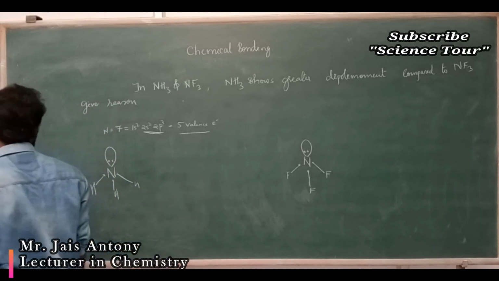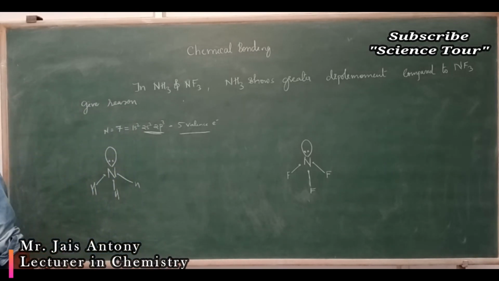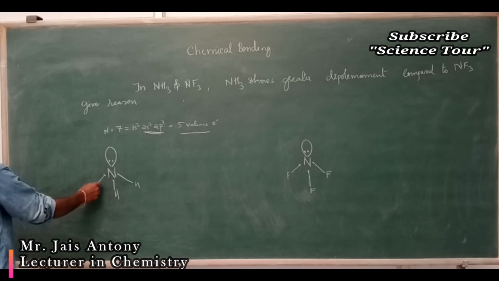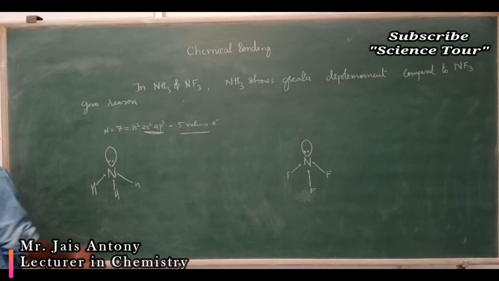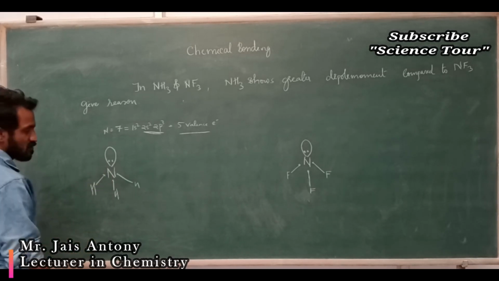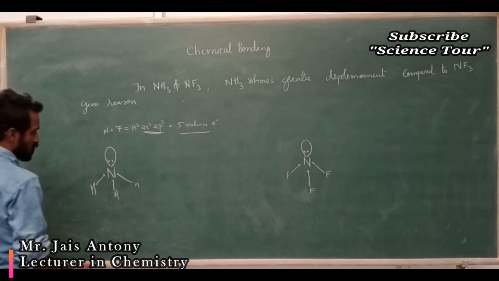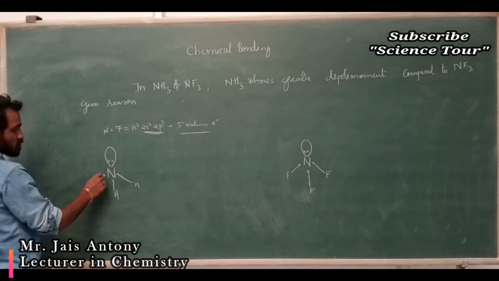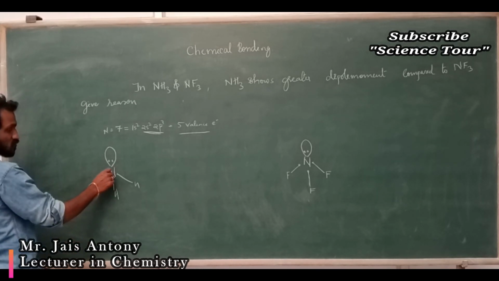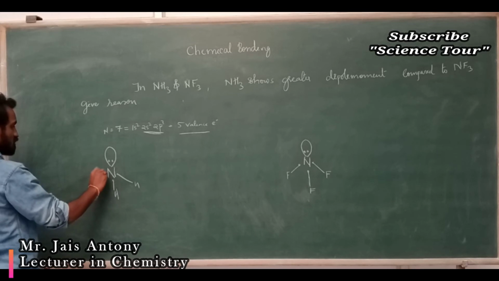My dear students, when we study ammonia NH3, hydrogen is less electronegative compared to nitrogen. So the dipole moment takes place from hydrogen to nitrogen, as nitrogen is more electronegative.